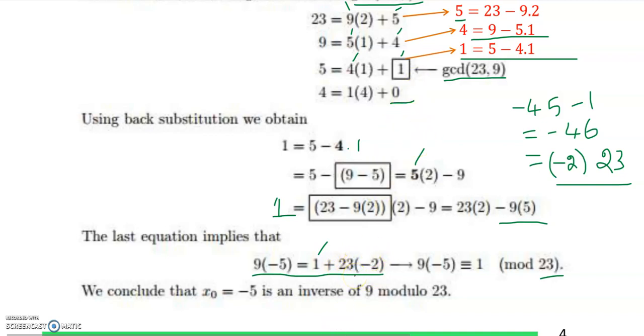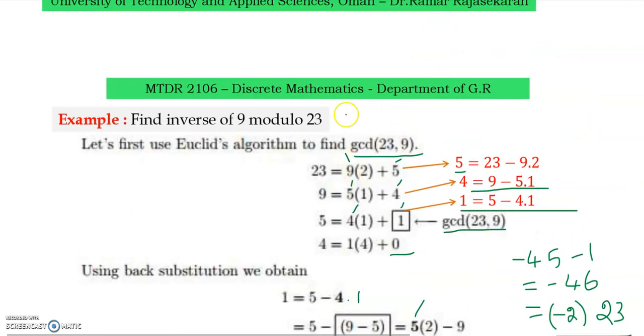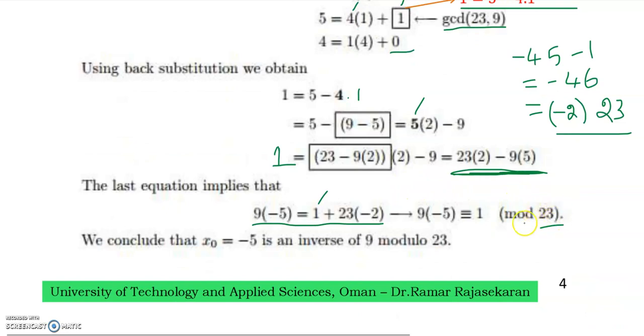Listen here: whenever you write the GCD of any two numbers as a linear combination of the two numbers, then from that linear combination I can write the congruence equation. You write the GCD, then the given modulo, which is 23, in the congruence equation, and then the remaining part, 9 times minus 5.